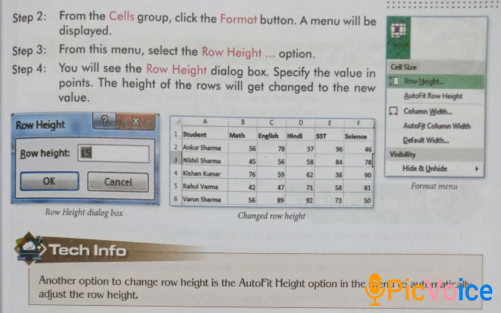And step 4 is, a row height dialog box you can see, and specify the value in points, and the height of the rows will get changed to the new value.